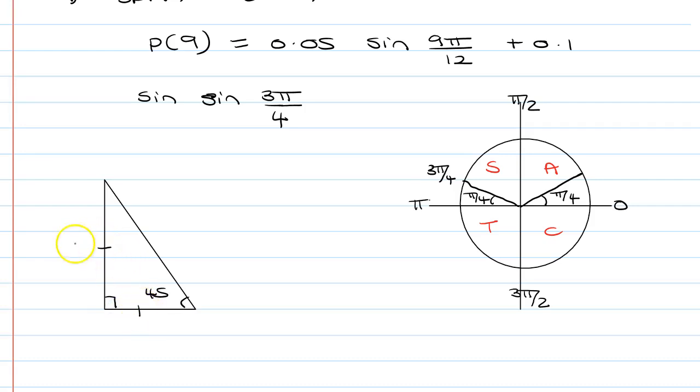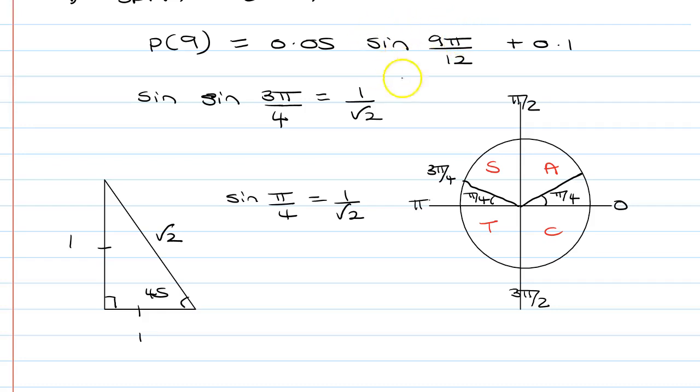I'm using an isosceles triangle, so sides 1 and 1, and through Pythagoras the hypotenuse is root 2. Sine is opposite over hypotenuse, so sine of pi upon 4 is 1 over root 2. Now looking back at the unit circle, we can see that sine is positive in this quadrant, so our value of sine 3 pi upon 4 is positive 1 over root 2.